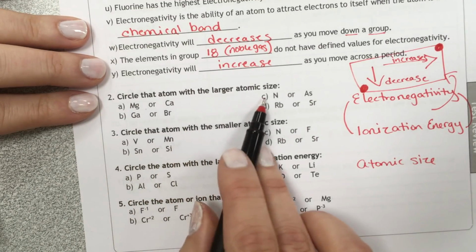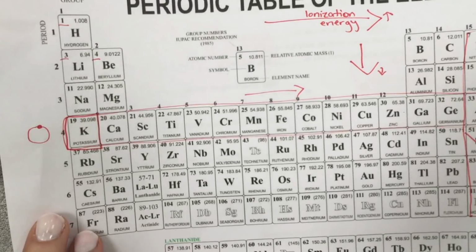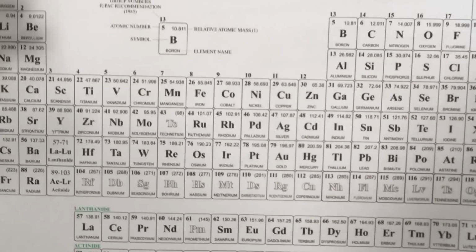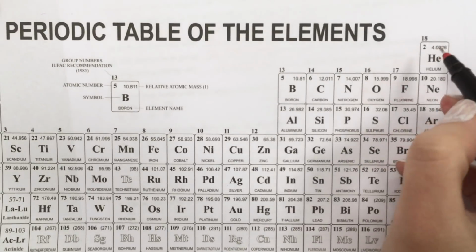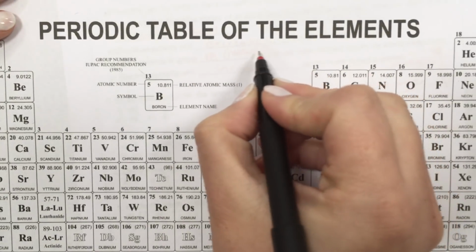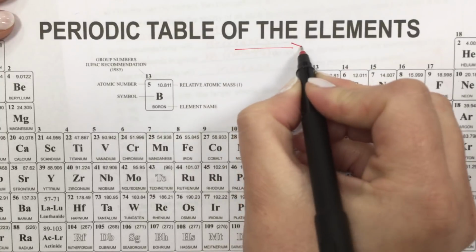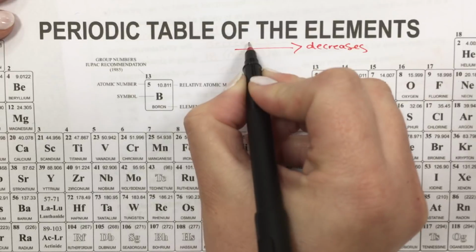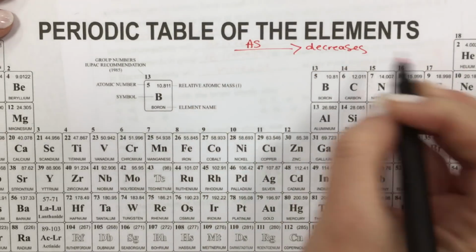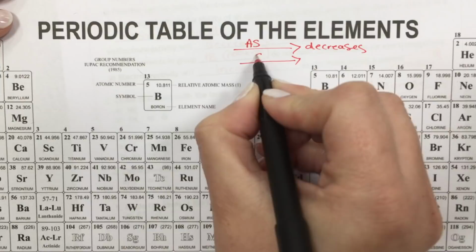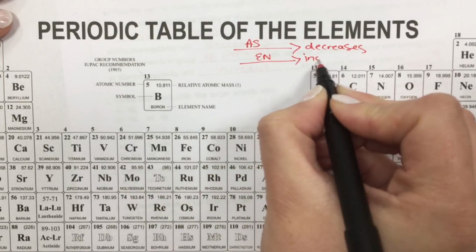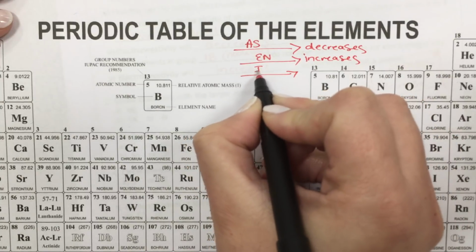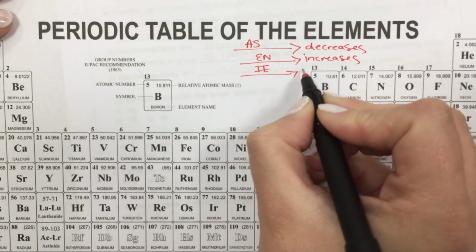So, circle the atom with the larger atomic size. Let's look at not such a messy periodic table because I have destroyed it. Atomic size, as you go across, decreases. We'll just do AS, atomic size. Electronegativity increases, and so does ionization energy.